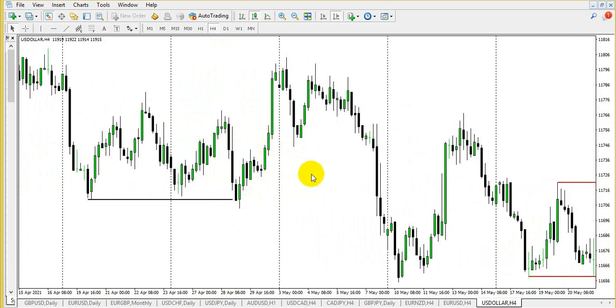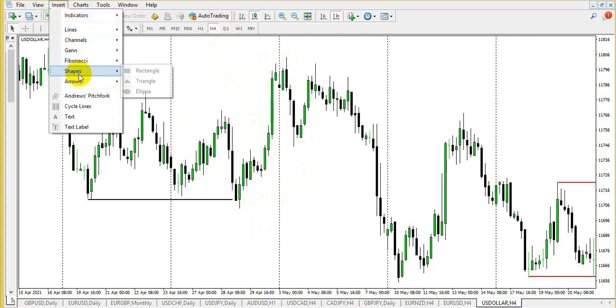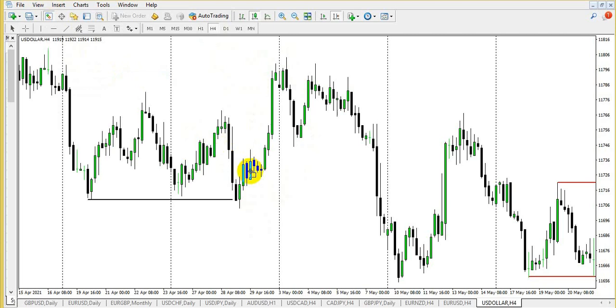I will repeat that again. If the market maker trend on higher time frames, let us say daily, is still bearish, bullish order blocks hardly hold on lower time frames. This is the 4-hour time frame, so normally you would expect price to come back to this particular bullish order block and test it.